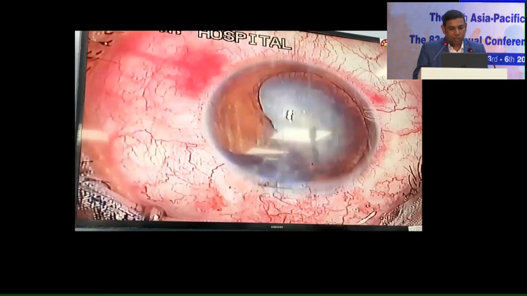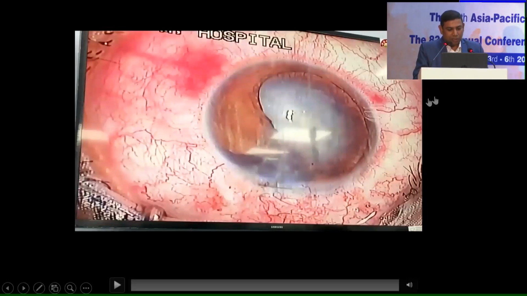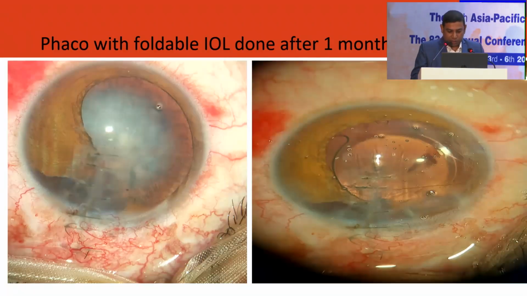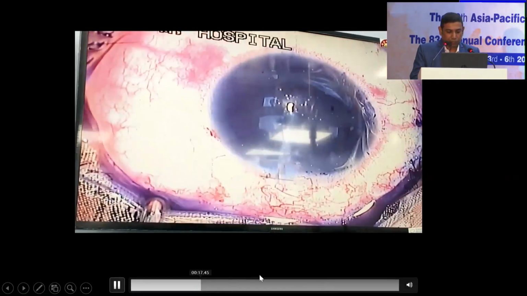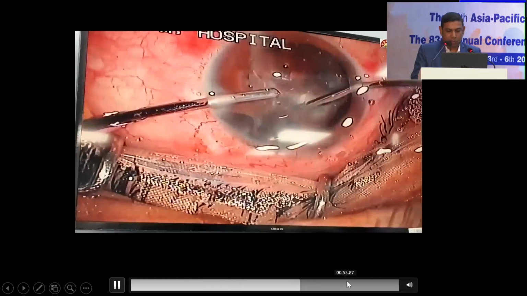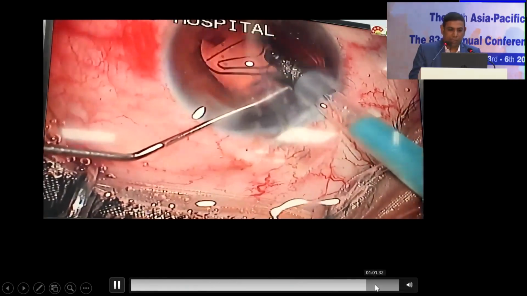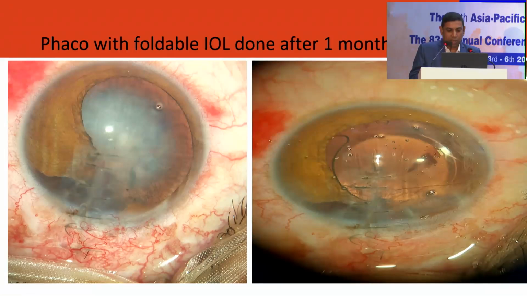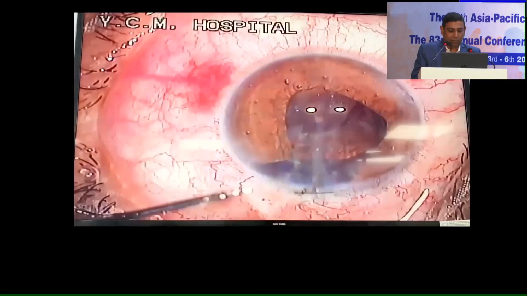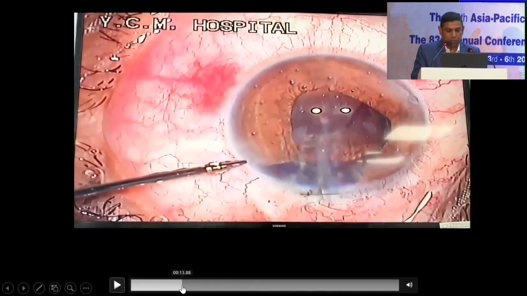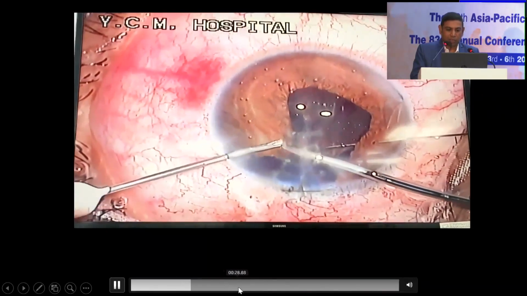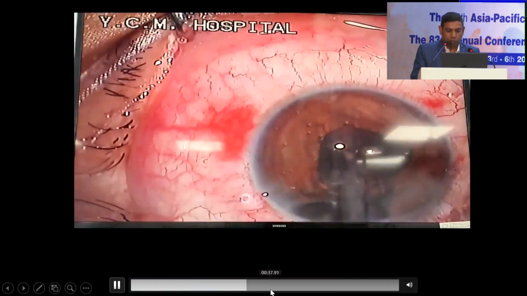The picture is this, and then after 30 days, I allowed the wound to heal, and then cataract surgery was done and a foldable lens was implanted. In the second sitting, I did the pupilloplasty. Single pass 4-throw pupilloplasty is done with the propylene suture.